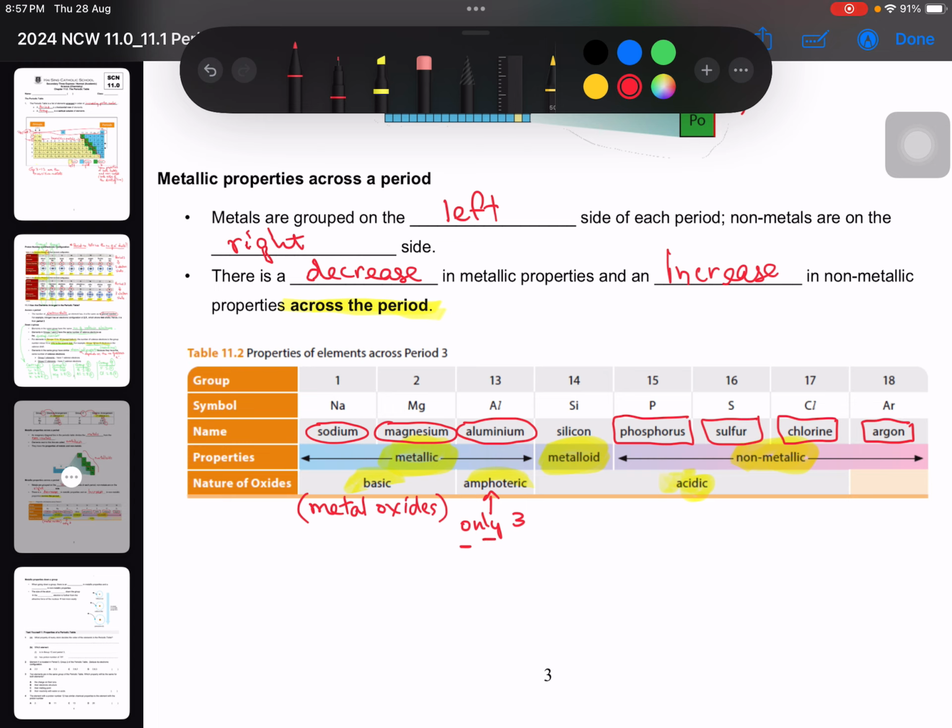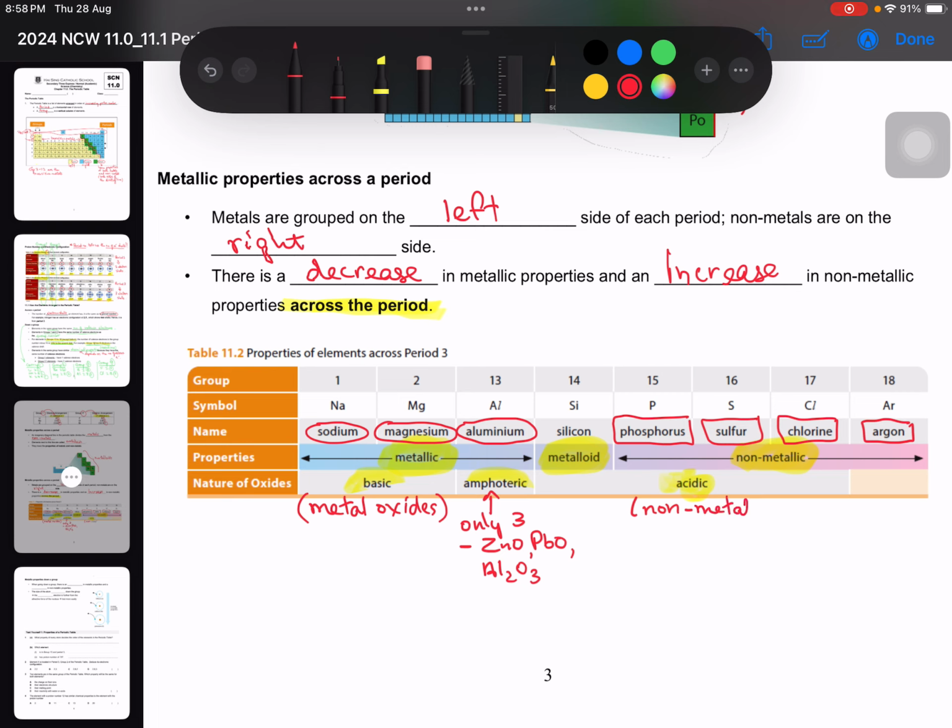You have ZnO, PbO, and Al2O3. Zinc oxide, lead oxide, and aluminium oxide. And then after that, where you have the non-metal oxides, those will be your acidic oxides.